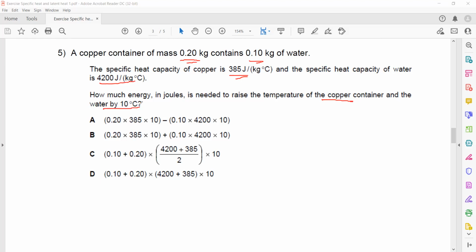So when specific heat capacity is given, here for example the water is inside the copper container.